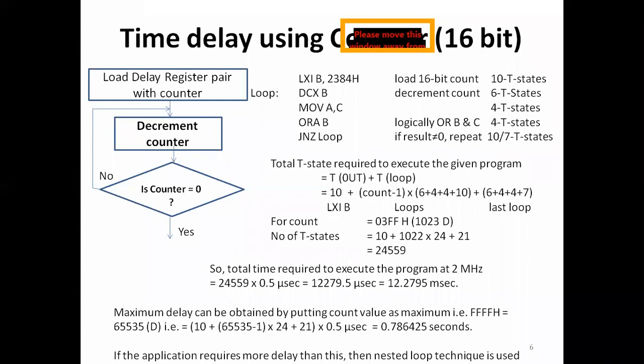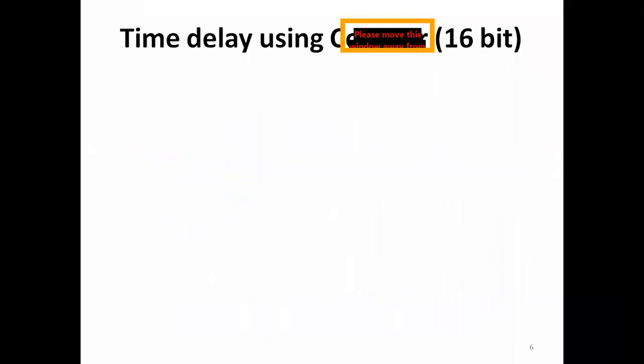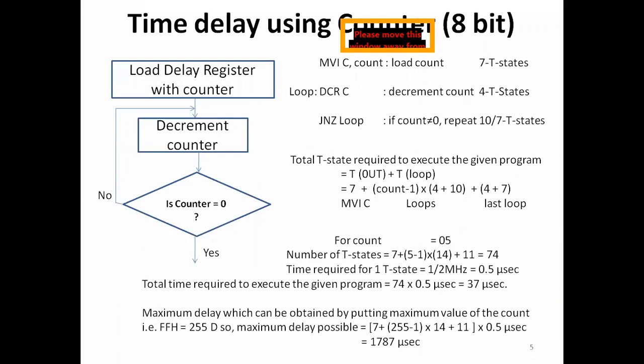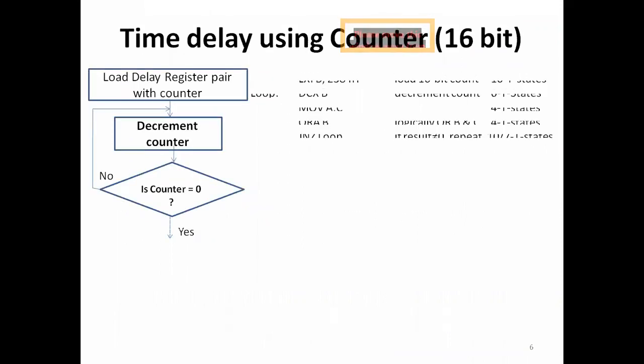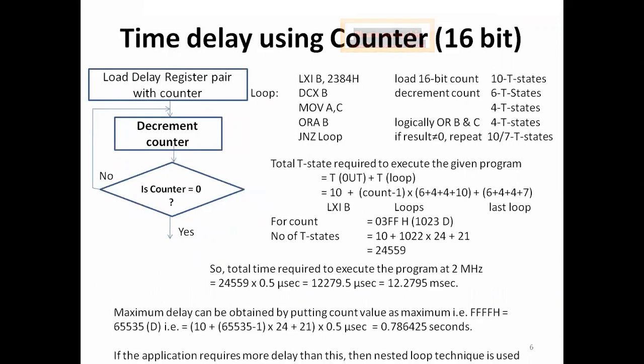So you see, in 8-bit we are getting a 1700 microsecond delay. But in the case of a 16-bit counter, we are getting a 12.27 millisecond delay, and the maximum we can get is a 0.8 second delay.